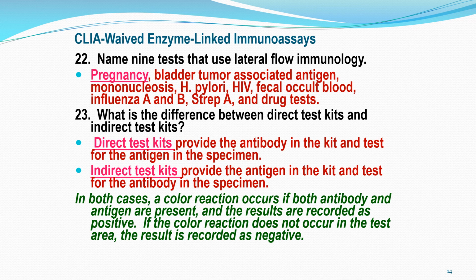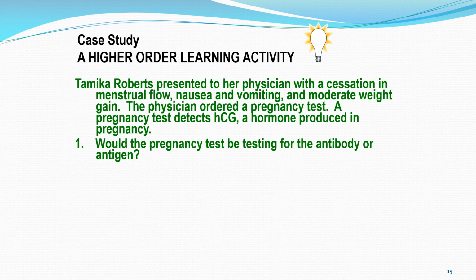So in both cases, whether direct or indirect, a color reaction occurs if both antibody and antigen are present and the results are recorded as positive. If the color reaction does not occur in the test area, the result is recorded as negative. And we always make sure that our internal control works.